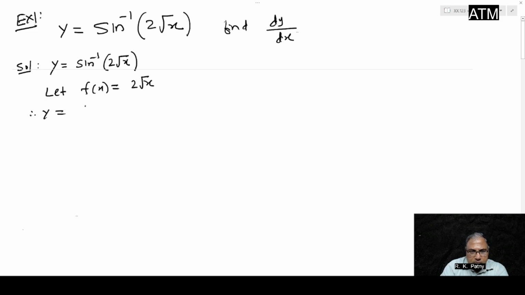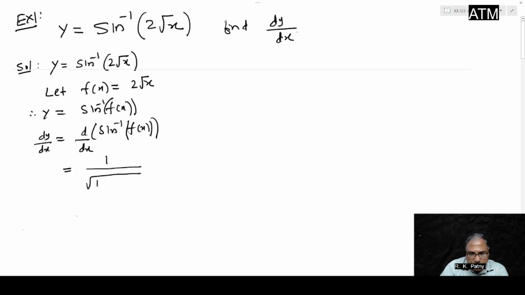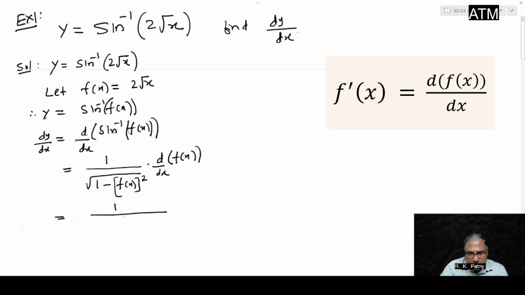Therefore y equals sin inverse f of x, dy by dx equals differentiation of sin inverse of f of x with respect to x equals 1 upon under root of 1 minus f of x whole square into derivative of f of x with respect to x equals 1 upon under root of 1 minus 2 root x whole square into derivative of 2 root x with respect to x.